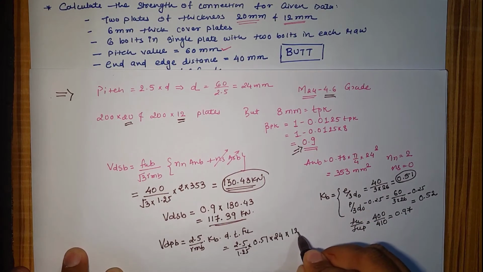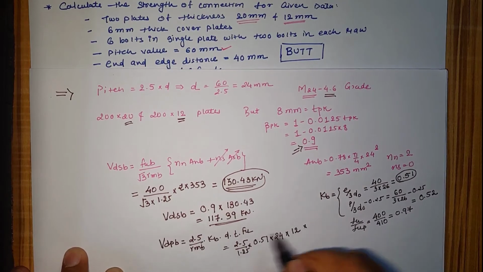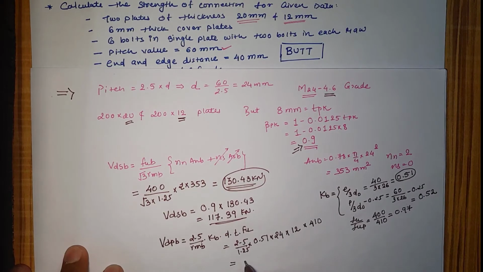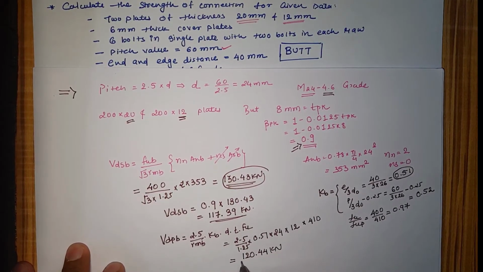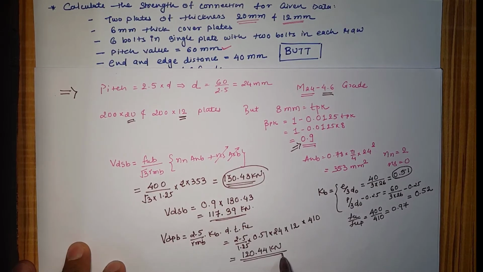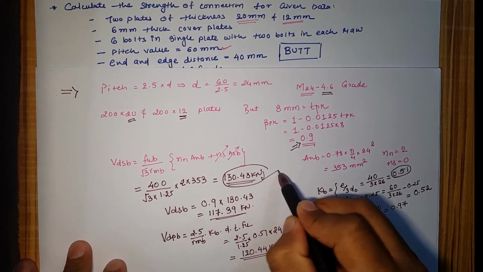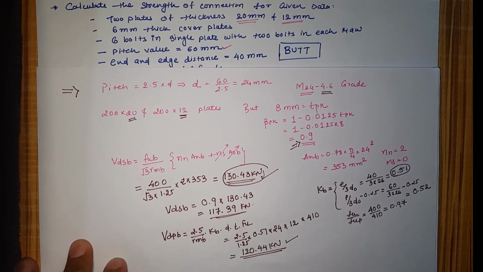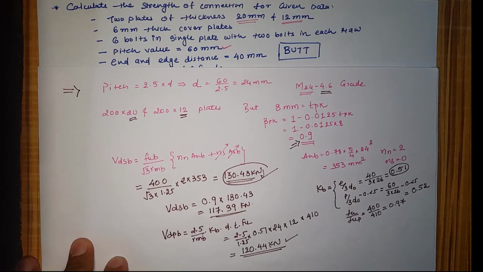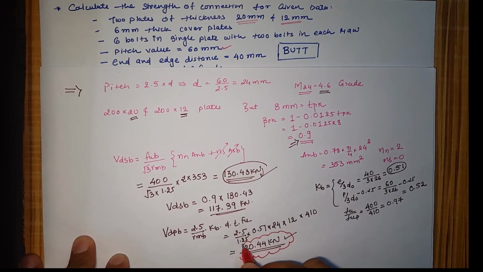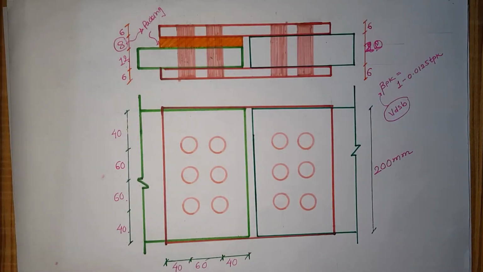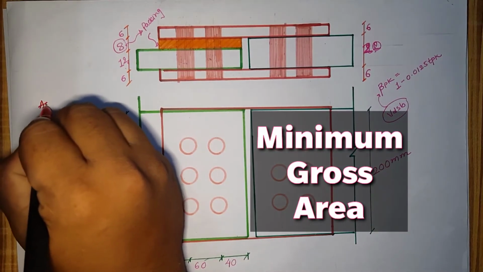So total T is 12 mm, and FU is 410, which gives 120.44 kilonewton. Now the bolt value is the minimum of VDSB and VDPB. It means that we have to use the bolt value as 120.44 for our calculation.